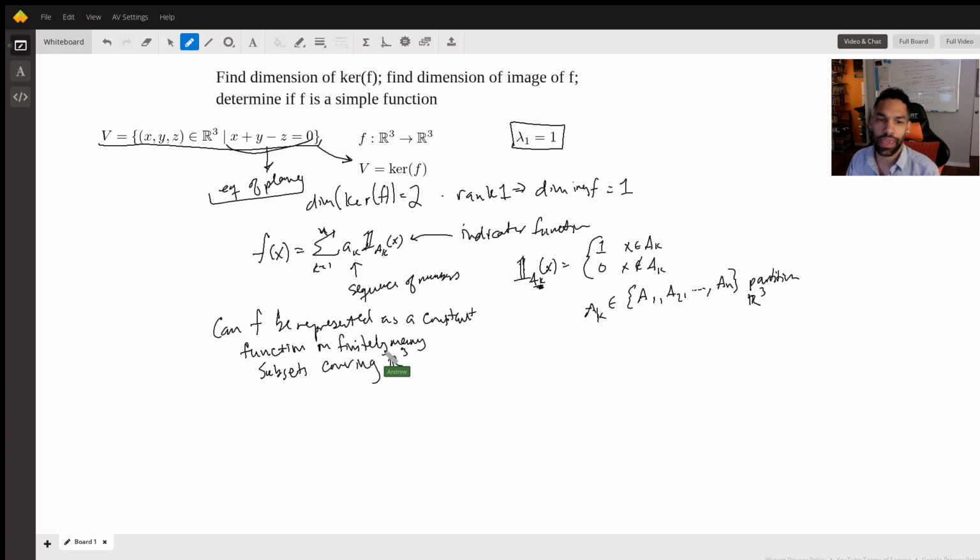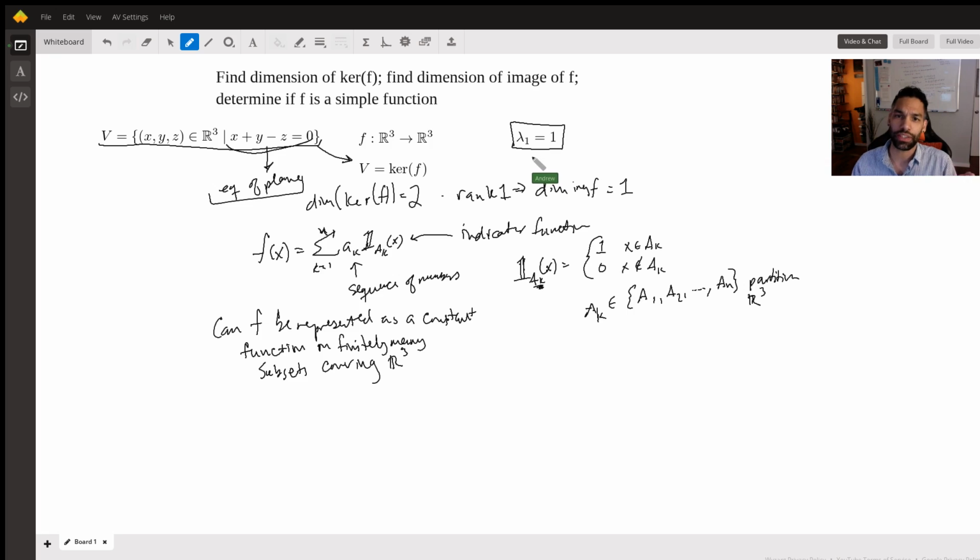So the idea is, can we come up with some finite partition, where we have a finite number of subsets that cover the space, and on those subsets we can define the function as a constant function? You might get a sense of this idea already.